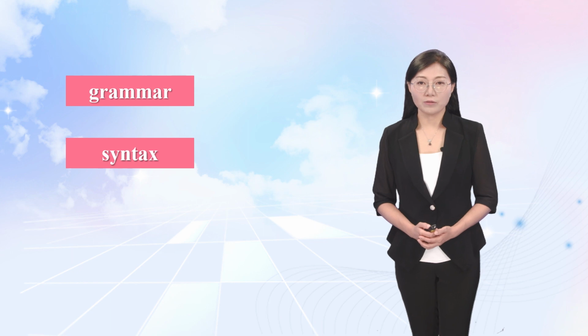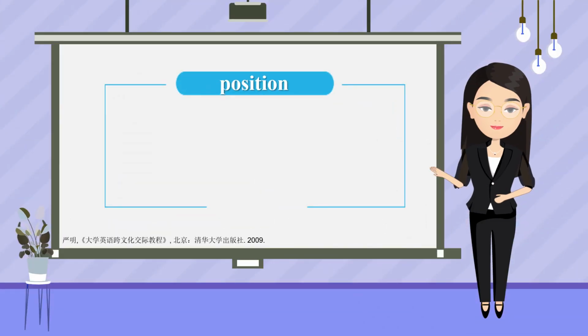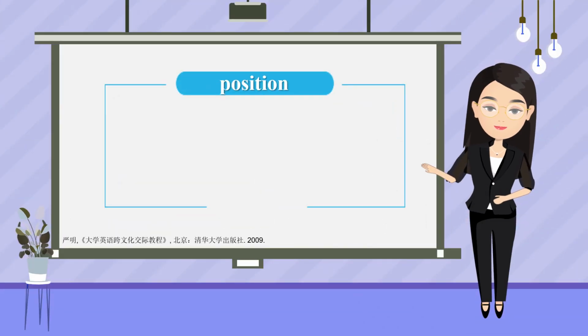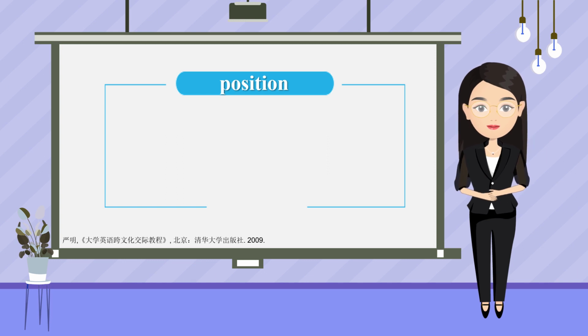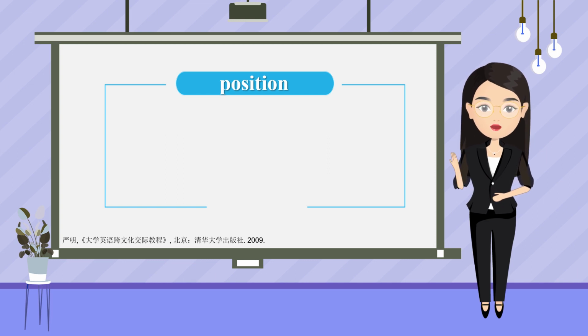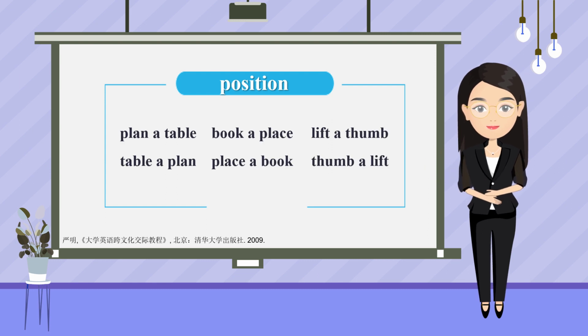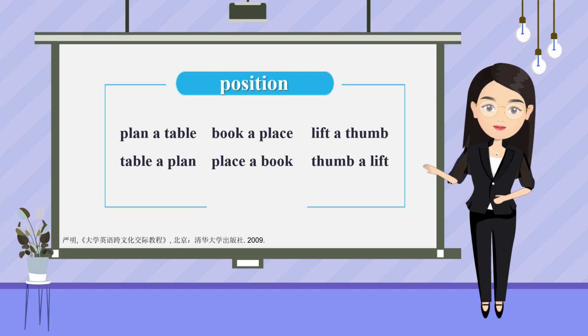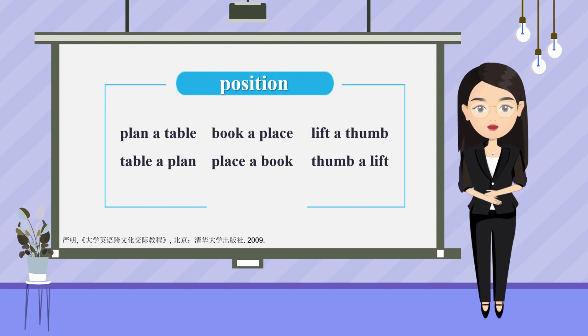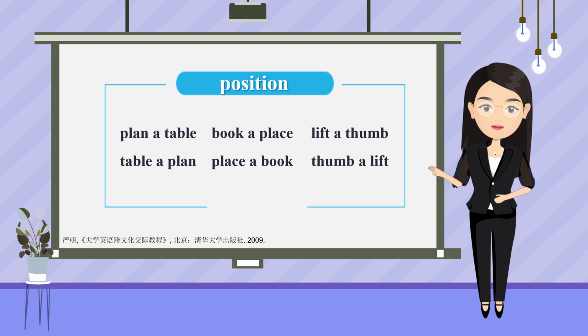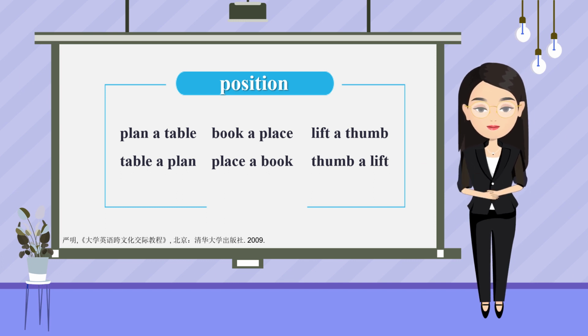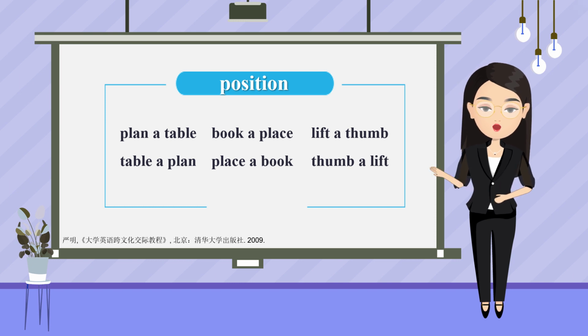For example, words in English can be nouns or verbs or adjectives, depending on their position in a sentence. In English, people can say, plan a table, and table a plan, or book a place, and place a book, or lift a thumb, and thumb a lift.